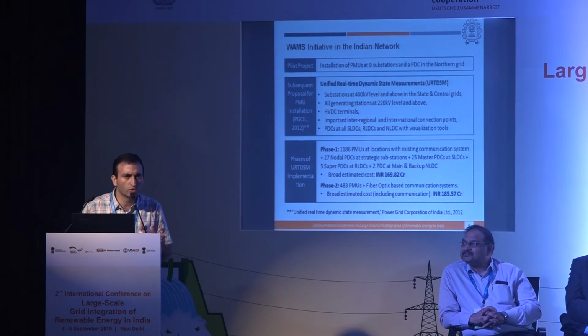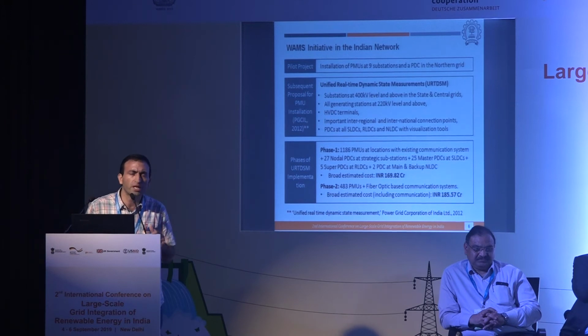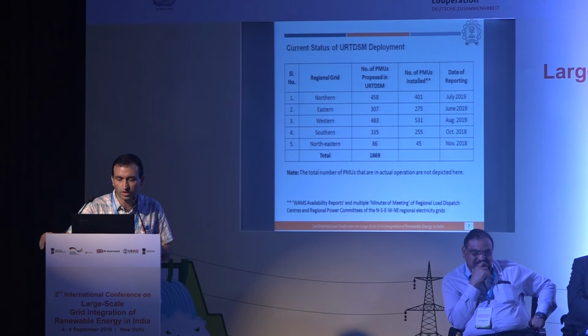Most of us would already be familiar that the Indian grid has a huge project for this wide area measurement system. A number of PMUs have already been placed and are being placed in the power system, primarily at higher voltage levels, 220 kV and 400 kV. This is the current status.